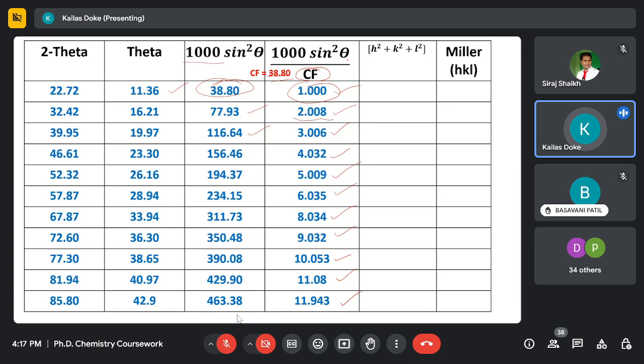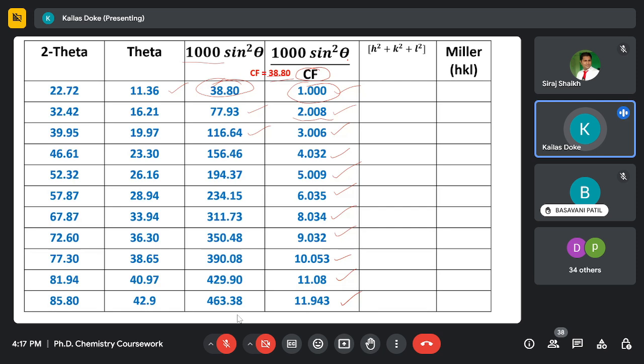What are these values? They are h square plus k square plus l square values. These are the indices along the x-axis, y-axis, and z-axis. These are the unit indices, maybe 0, integer numbers including 0, not infinity, because we convert those infinity indices into Miller indices.